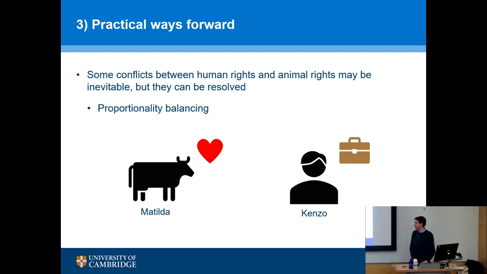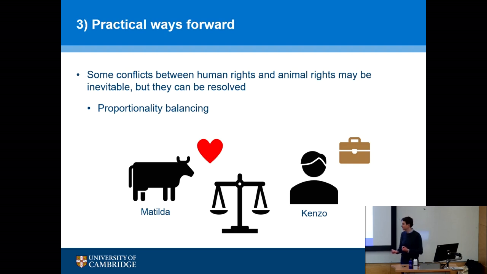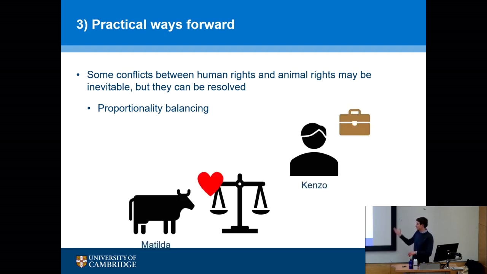However, that doesn't mean there's no way of resolving this. In fact, courts do that all the time. Courts are constantly confronted with the need to balance different rights. So in this situation, a court would have to ask itself: does it weigh the right to economic freedom more than Matilda's countervailing right to life, in which case the right to economic freedom would outweigh the right to life?